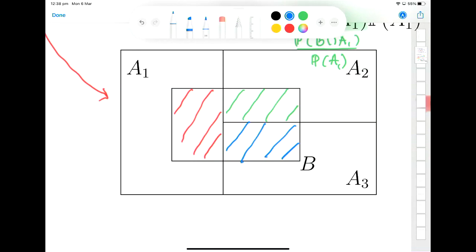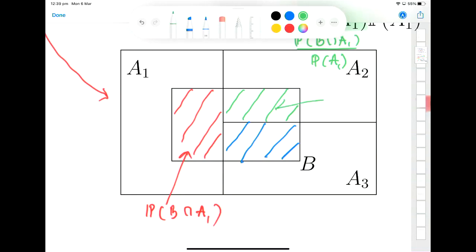The red, green, blue areas are a partition of B. Then how can we compute the probability of the red rectangle? This one is the probability of B intersect with A1, right?